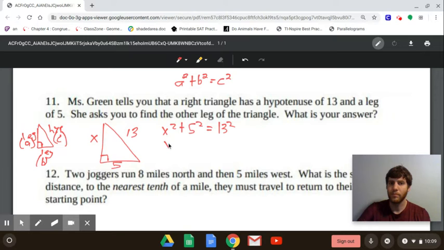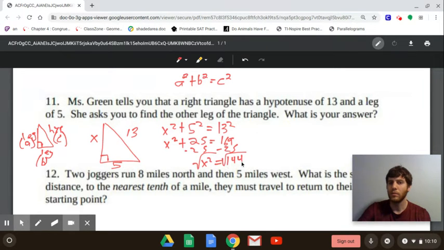We keep x squared as is. 5 squared is 25. And 13 squared is 169. Okay, if we subtract 25 from both sides, we're left with x squared equals 144. To get rid of a square, we do the inverse operation, which is a square root.